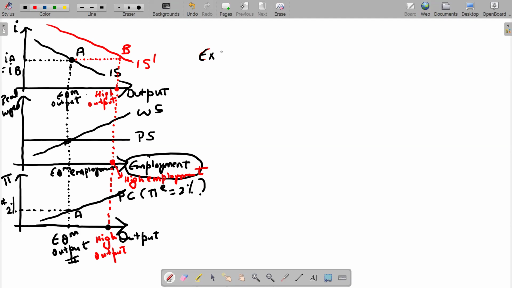So I can just erase this and I can utilize the space in a better way. Let's look at the explanation.